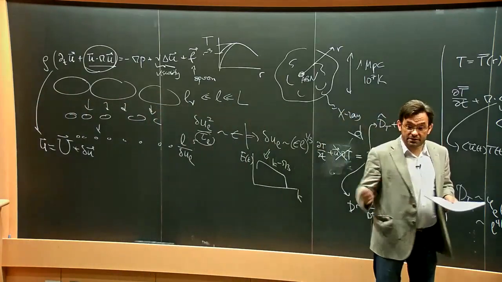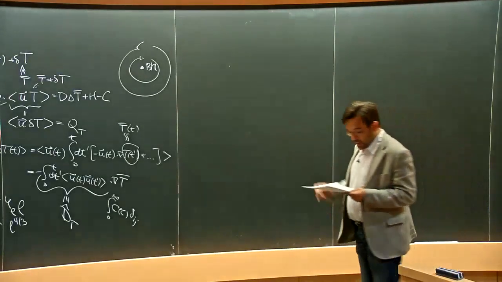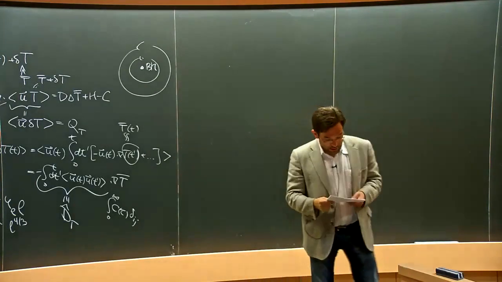A classic astrophysical example of the second situation is an accretion disk. Imagine a black hole, and there is matter spiraling around and into the black hole. That's what an accretion disk is. This system is Keplerian.